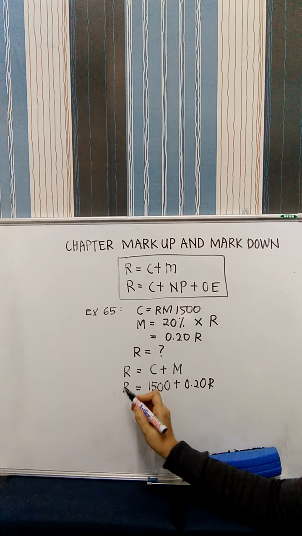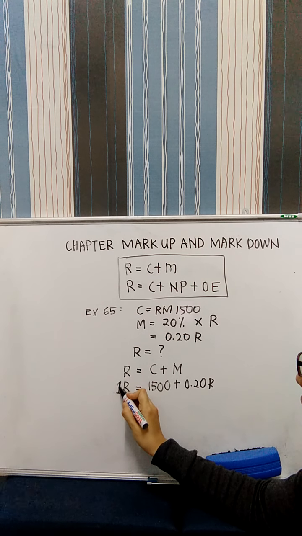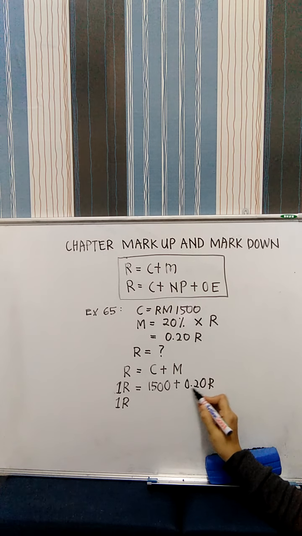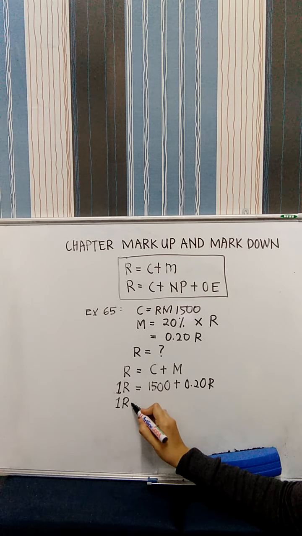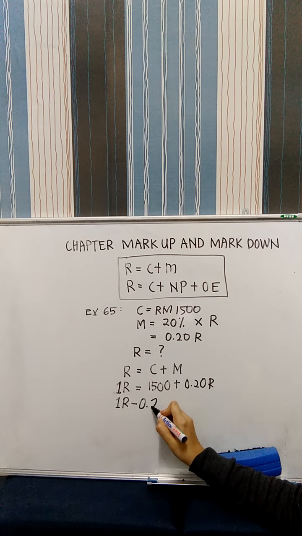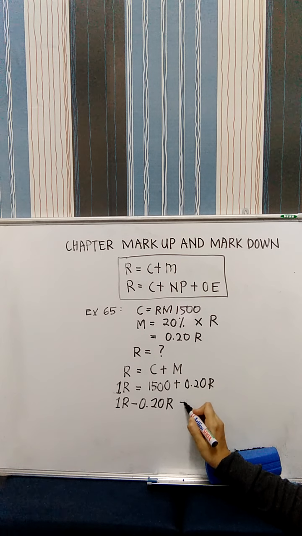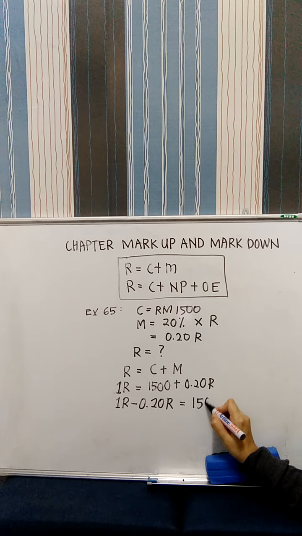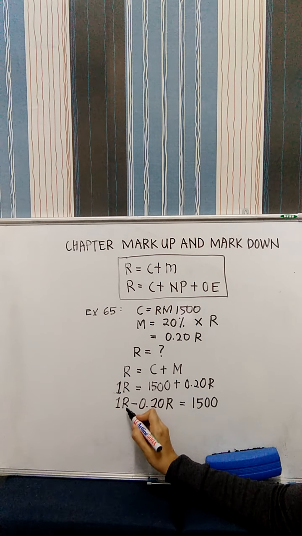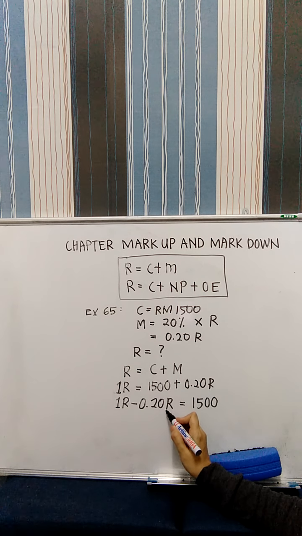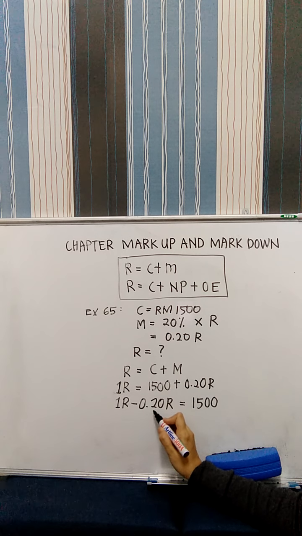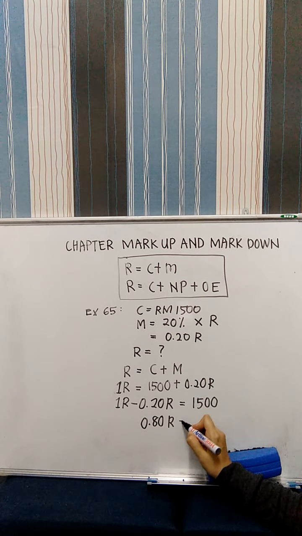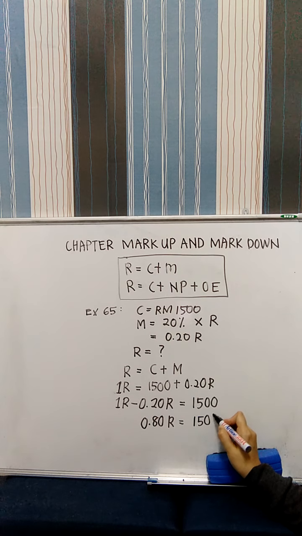R on your left means 1 R. On your right here, 0.20 R changes to the left, it becomes minus 0.20 R, equal to the balance here, 1500. So 1 R minus 0.20 R, 1 minus 0.20 is 0.80 R equal to 1500.